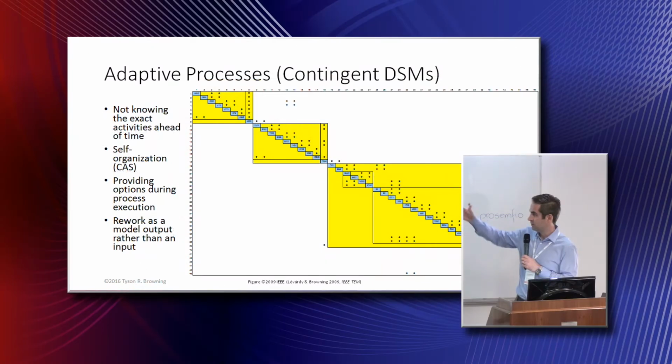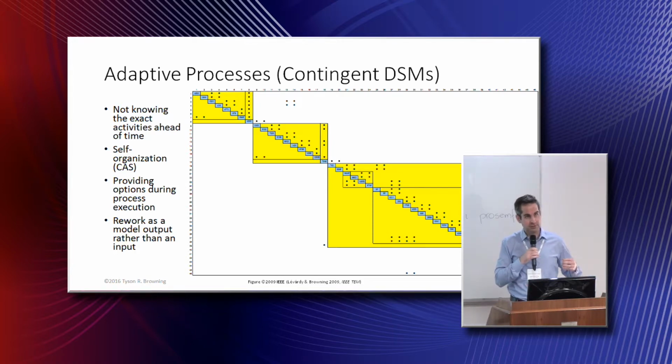And so this process has really more than twice as many activities in it as you would probably expect to do. But what we did was, instead of assuming we knew everything ahead of time, which is an assumption in most process models and even project plans, it's actually a pretty dangerous assumption. Very few projects, especially complex engineering projects, really know all the tasks they need to do at the beginning. And especially what order to do them in and what their results will be ahead of time, those are big assumptions.